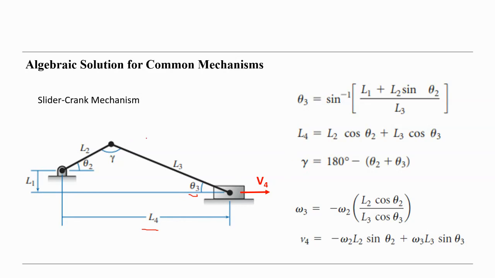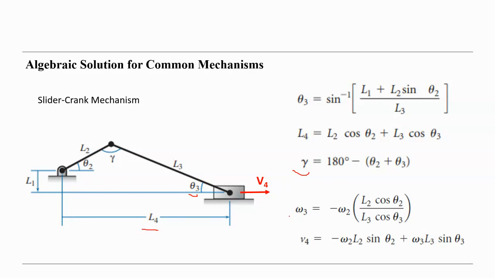And the gamma is also the transmission angle. Here, if we know that, in order to achieve the omega 3, we have to calculate the first time derivative of theta 3.